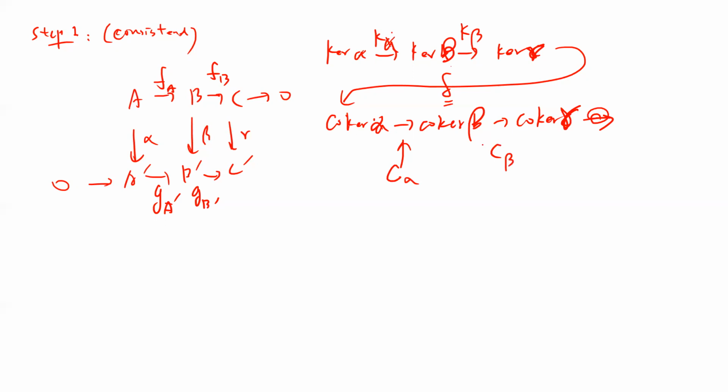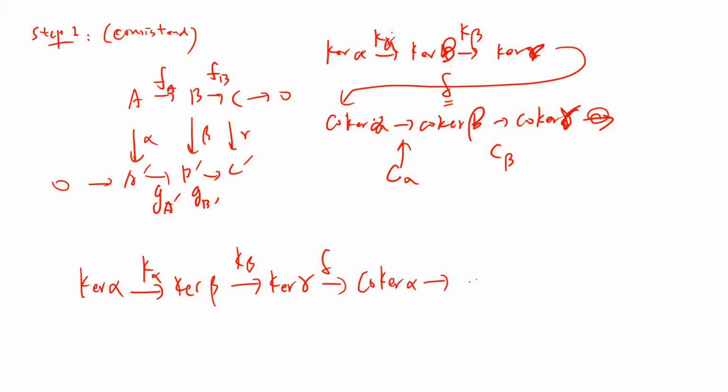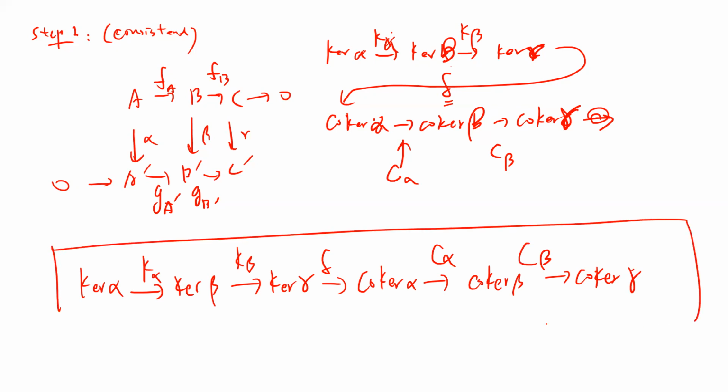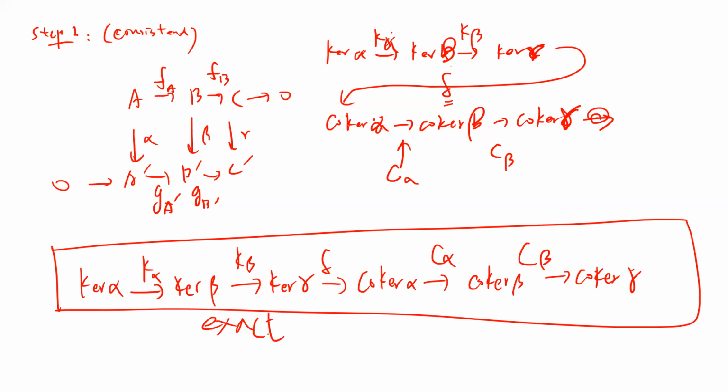So I want to show that kernel alpha, k alpha, kernel beta, k beta, kernel gamma, delta, cokernel alpha, cokernel beta, up to cokernel gamma, which is 0, with c alpha, c beta, is exact. So the theorem, this next lemma, says this sequence is exact.